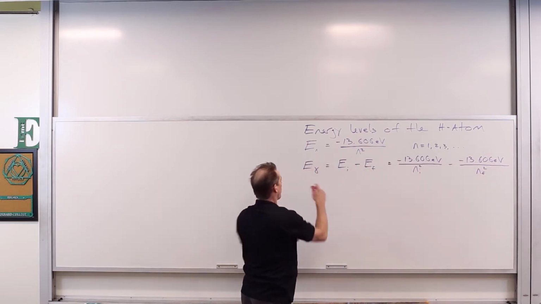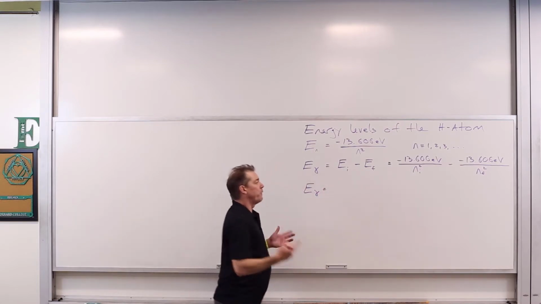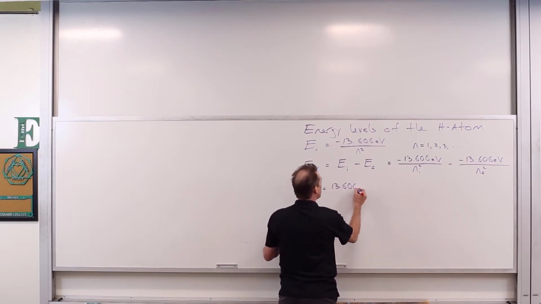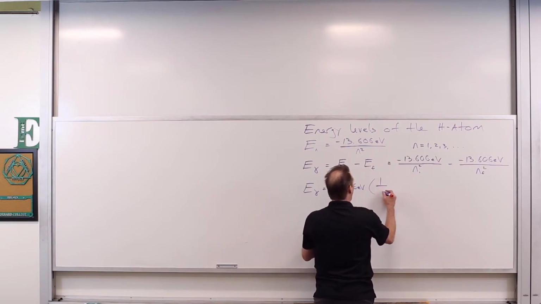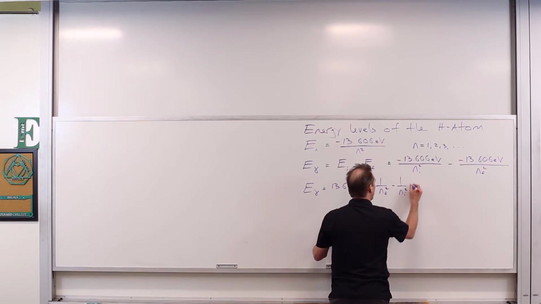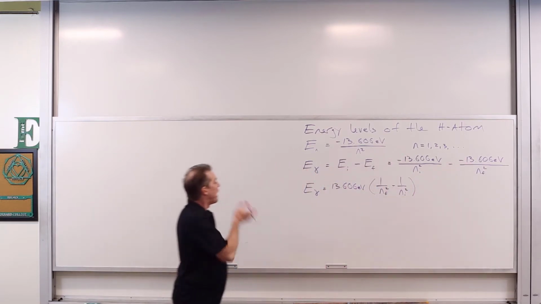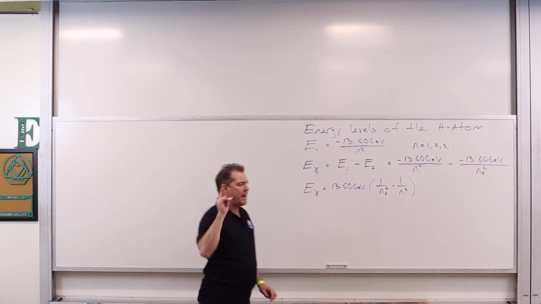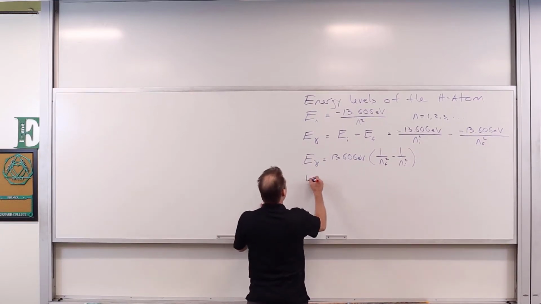We could just flip the order and say that E sub gamma, the energy of the emitted photon, is equal to 13.606 electron volts multiplied by 1 over n sub f squared minus 1 over n sub i squared. That changes order because of the minus, minus, plus. Well, you've probably seen an expression that almost looks like this.